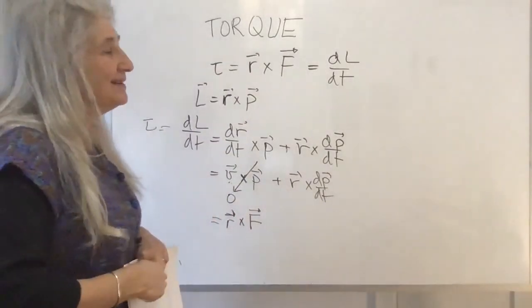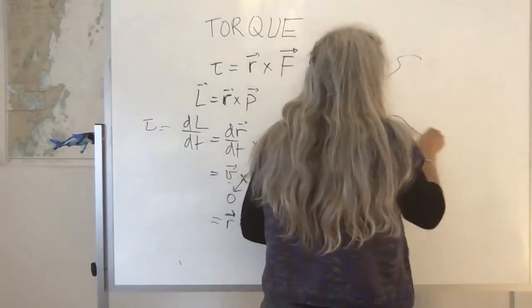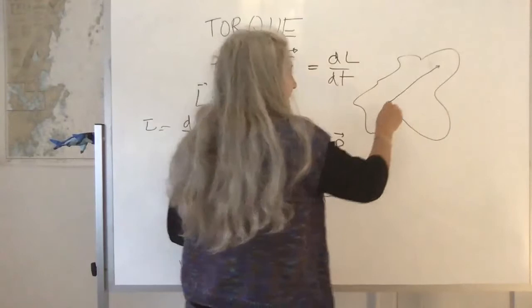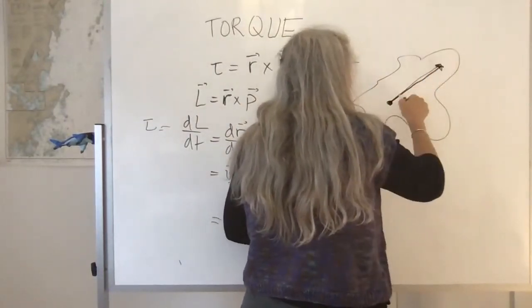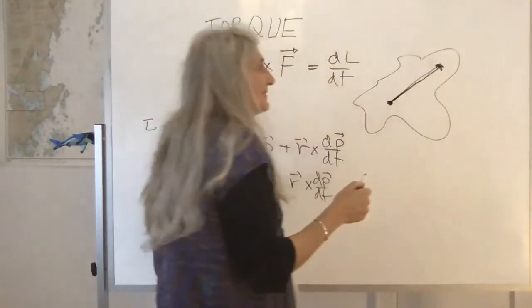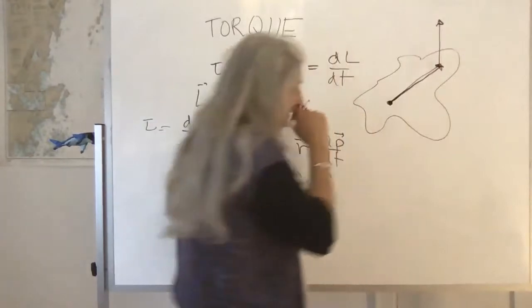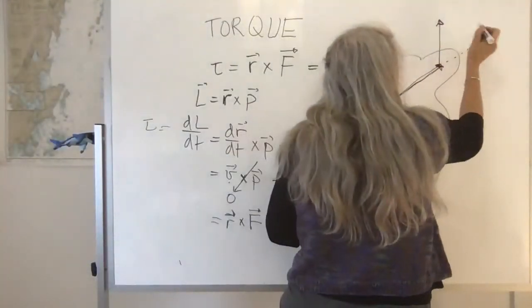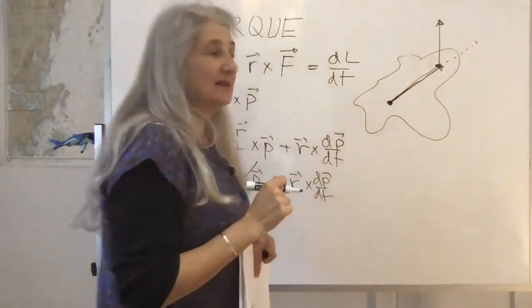So qualitatively, when we think about a rigid body, let's think about positions with respect to some coordinate. If I exert a force on this, then what happens to the component of force that's along this radial direction?